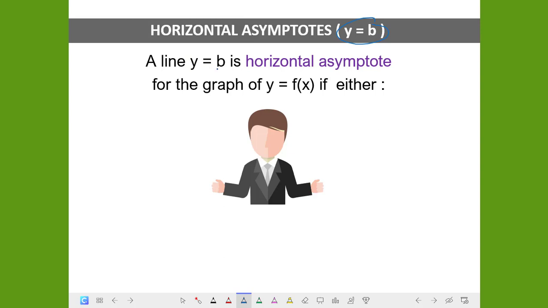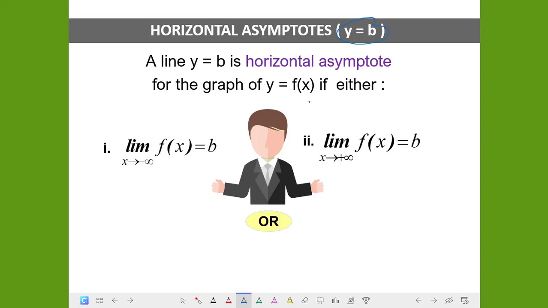The line y equals b is a horizontal asymptote for the graph of y equals f(x) if either the limit of f(x) as x tends to negative infinity is b, some value, not infinity, or the limit as x tends to positive infinity is a value, not infinity. For coordinates, the x value is negative infinity and the y value is b.